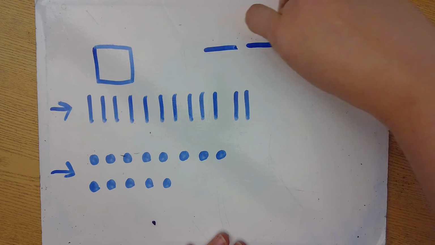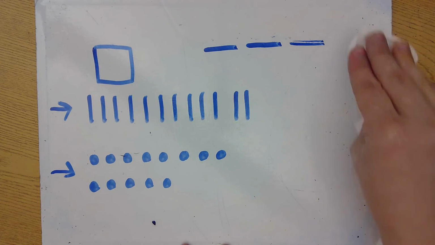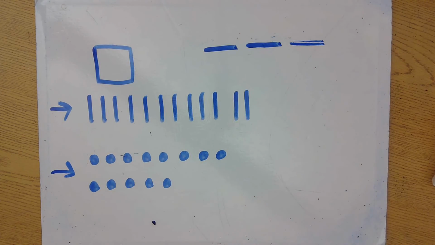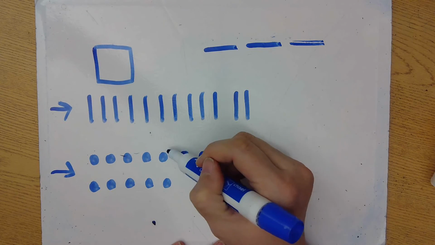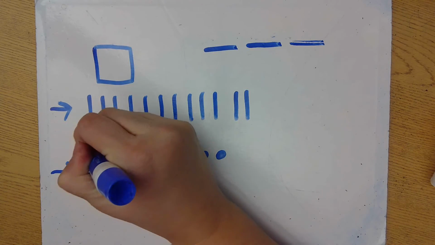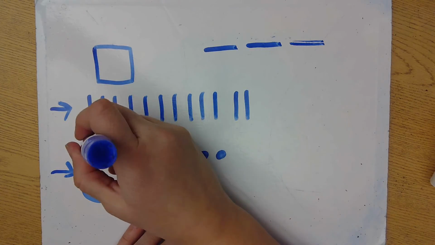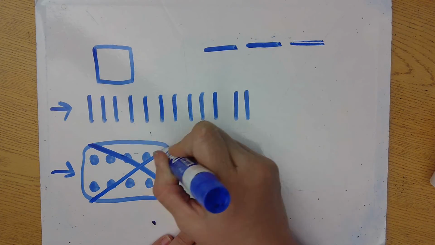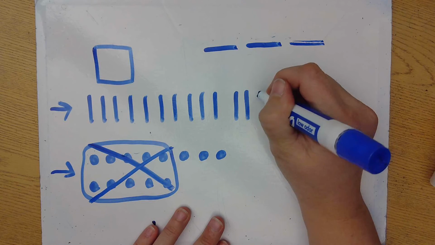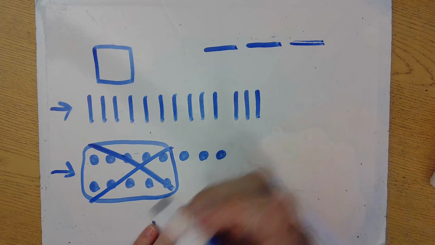Like I said, I'm going to have to do something about the cubes and the longs. So I'm going to group 10 of these. Okay. And I'm going to trade in 10 ones, 10 cubes, for another long.